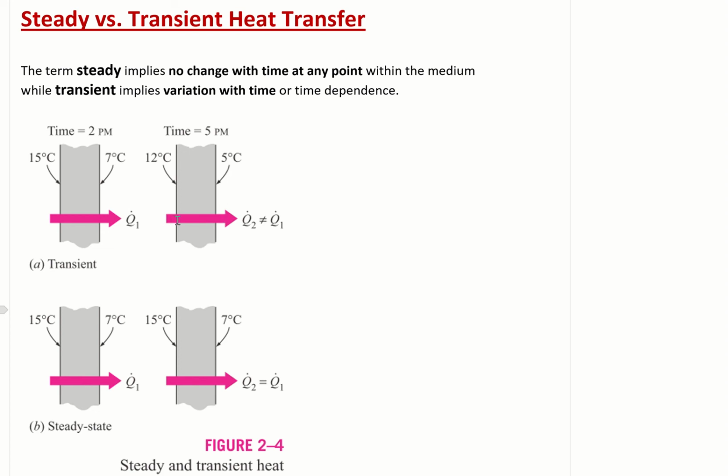So the rate of heat transfer is not the same because the temperature gradient has changed with time. So this is the difference between steady state, which I want to note in COMSOL they call stationary. So stationary and steady state mean the same thing. They don't change with time. And transient state or unsteady state means it does change with time.